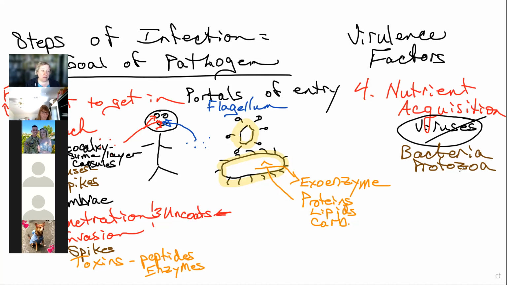So all pathogens that will grow inside of a human or on a human are chemoheterotrophs. Yay, right? They need to eat us. And so they have certain ways of getting their food, to get their nutrients, to get their essential nutrients, okay?